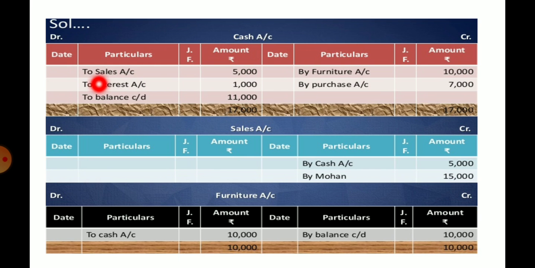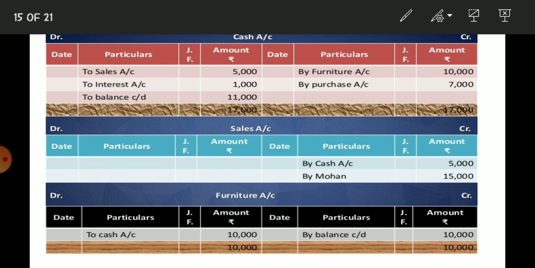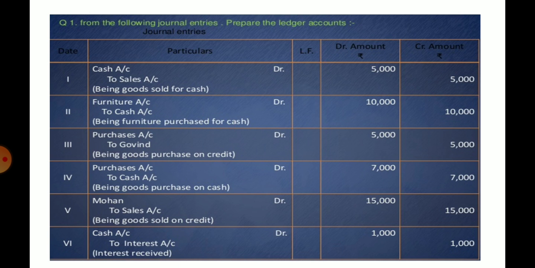You can see 'to sales', right? Now the next transaction is furniture to cash. Here cash is on the credit side, so the related account should be posted on the credit side.